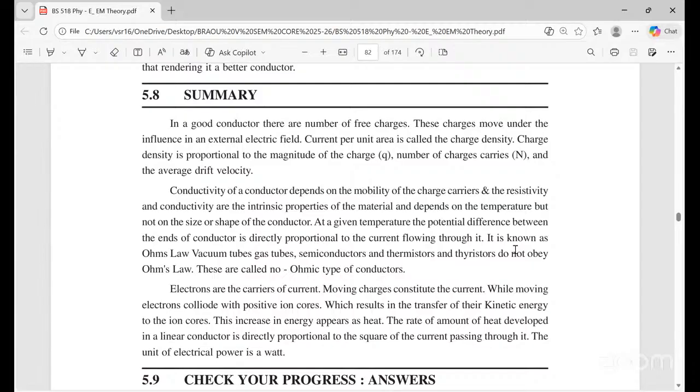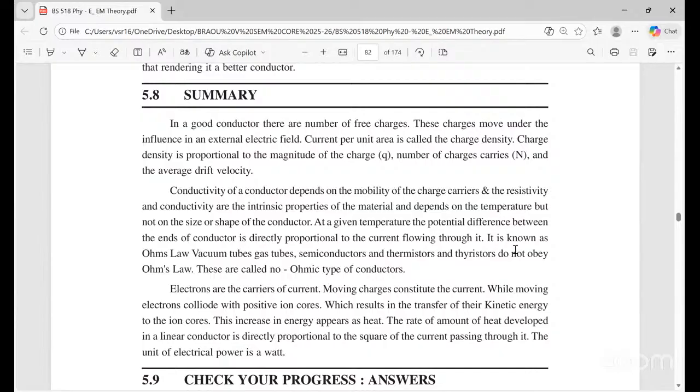Resistivity and conductivity are intrinsic properties of the material. Intrinsic means pure. Okay. And it depends upon the temperature but not upon the size and shape of the conductor.